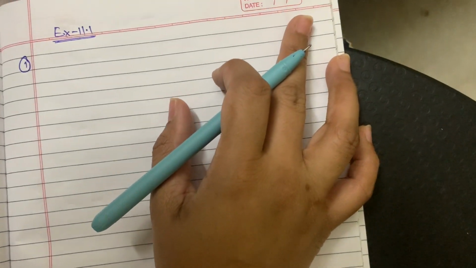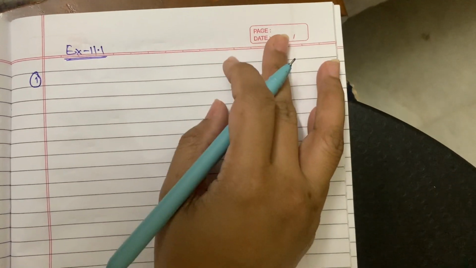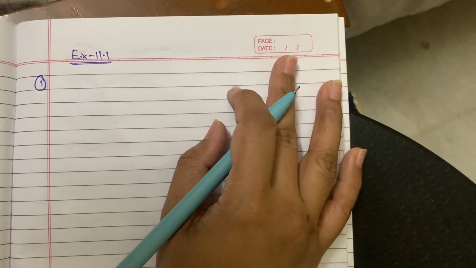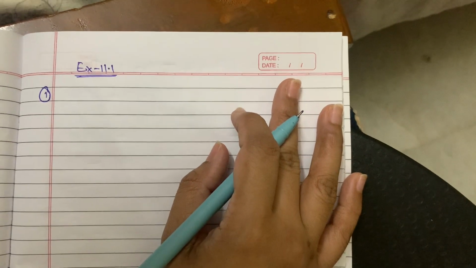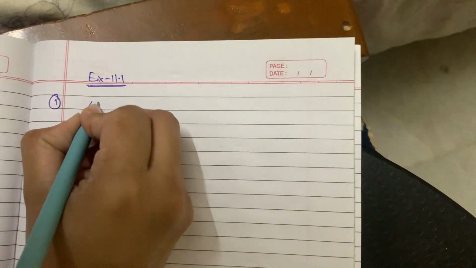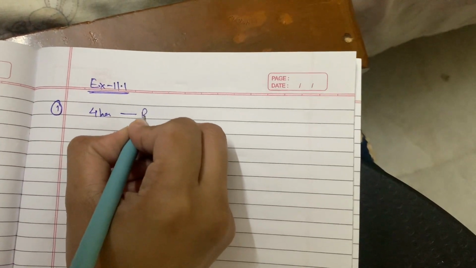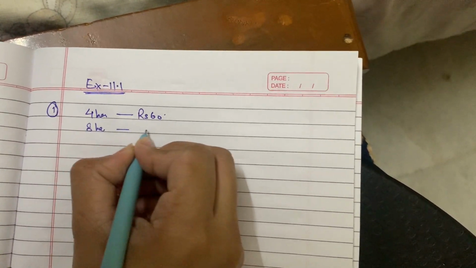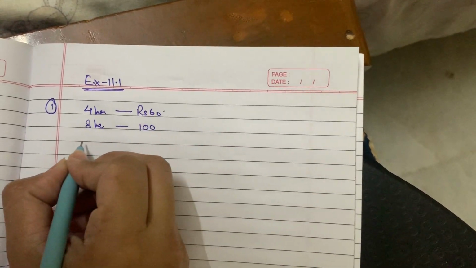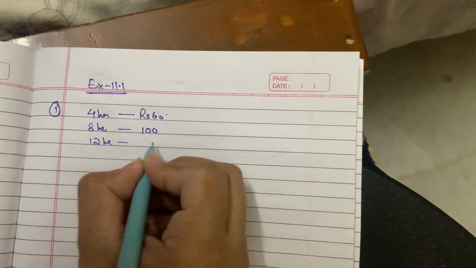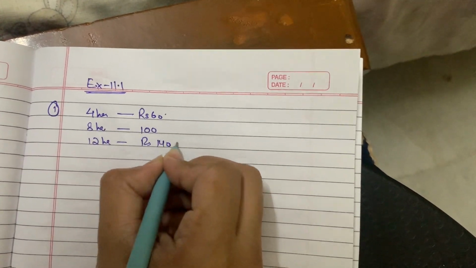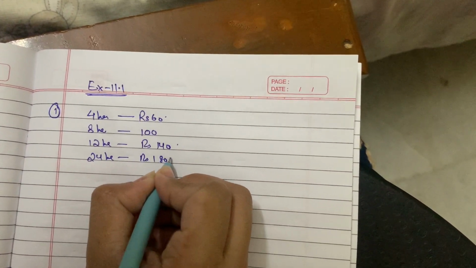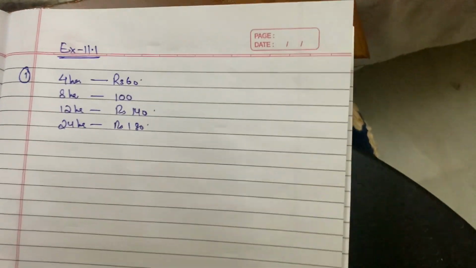The information given here is: for 4 hours the charges are rupees 60, for 8 hours it is rupees 100, for 12 hours it is rupees 140, and for 24 hours it is rupees 180.